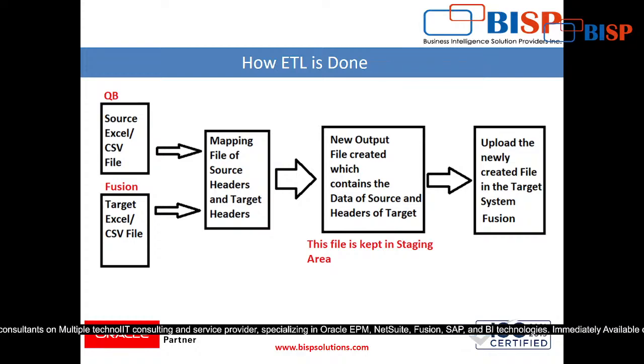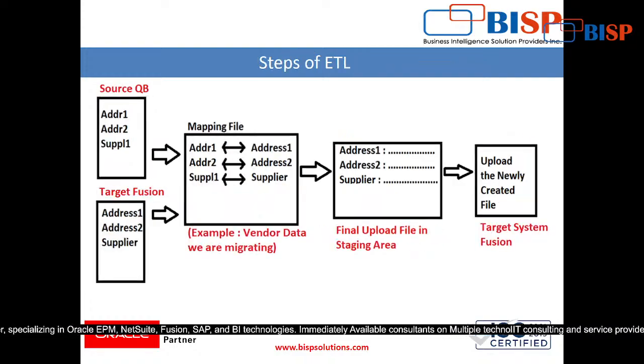But if they say no, we want different names, we want to make things much better, then we will have all the header names in a separate file as per the new requirement in Fusion. Now we have the data Excel sheet, right?